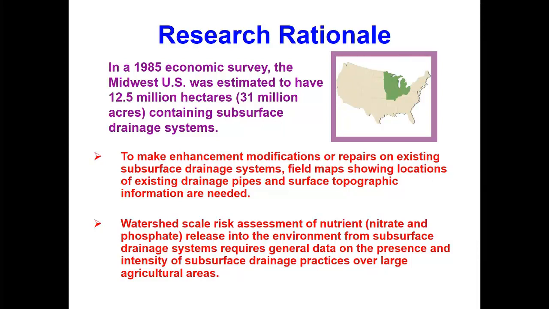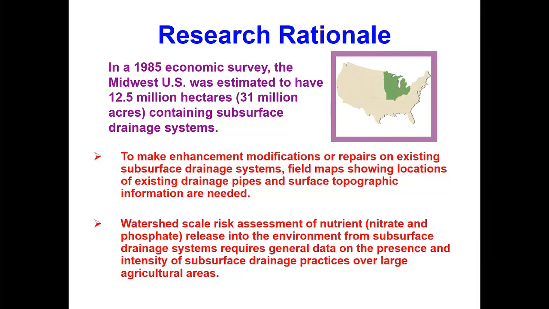So what we need is maps of these subsurface drainage systems. And the problem is that a lot of these maps have long since been lost. Even for systems that were installed as little as 15 or 20 years ago, the maps are no longer available.